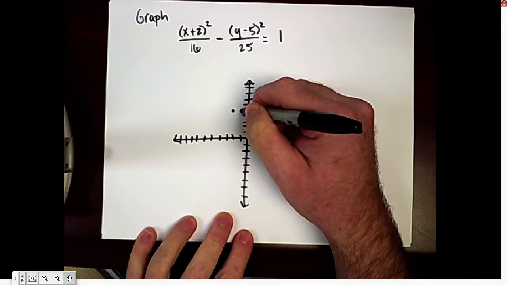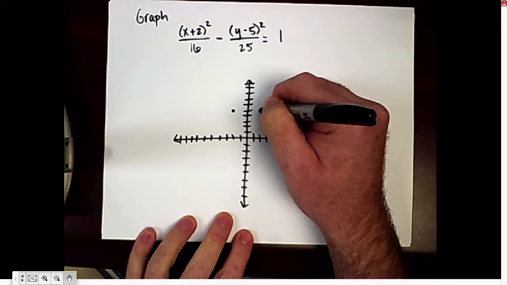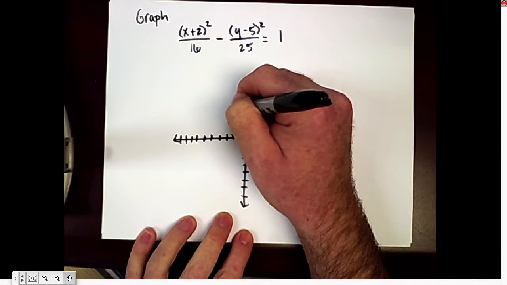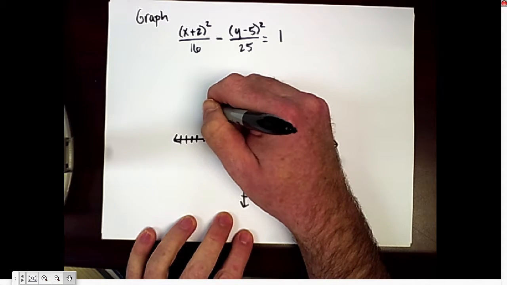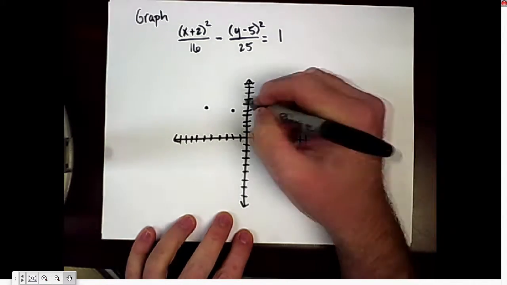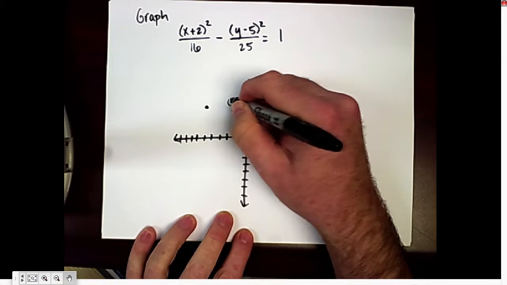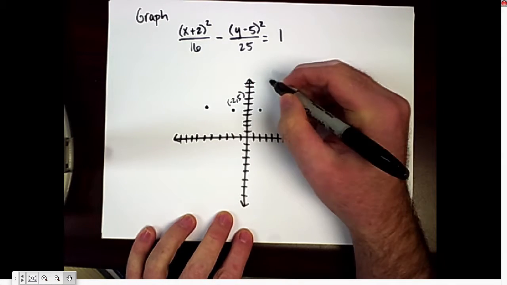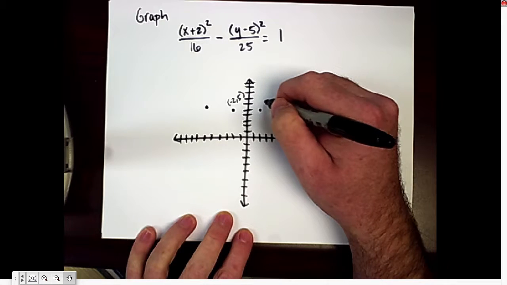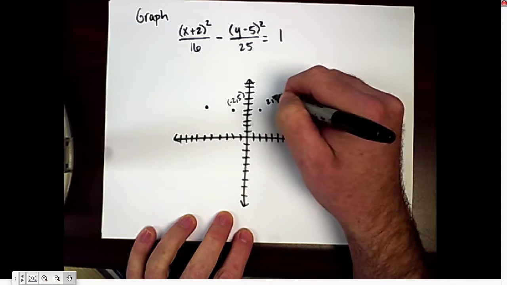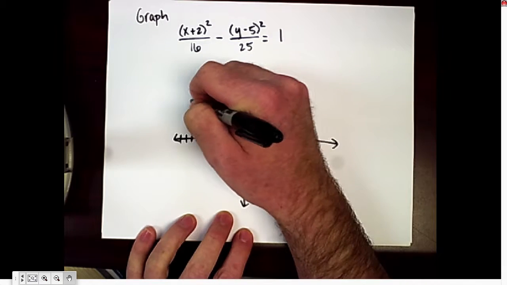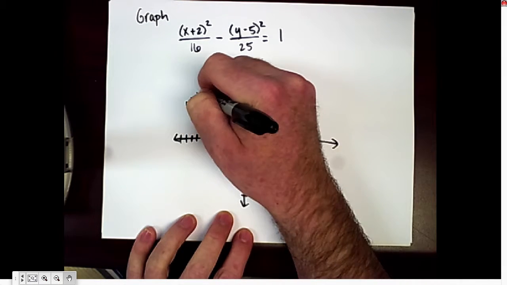So we're going to go 4 to the right, 1, 2, 3, 4. 4 to the left, 1, 2, 3, 4. So this is the point -2, 5. This would be the point 2, 5. This would be the point -6, 5.